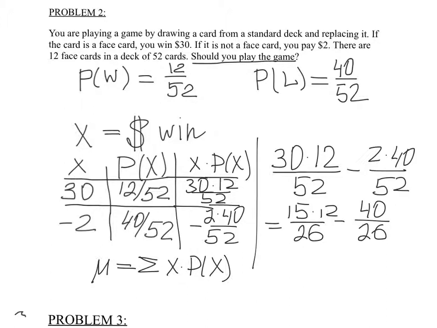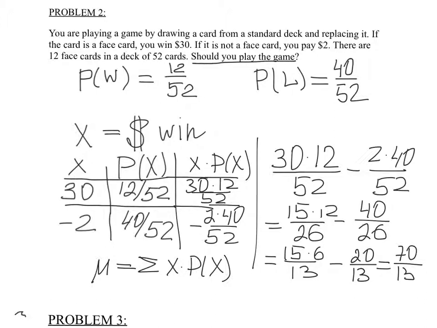Divide by another 2. So I will have 15 times 6 over 13 minus 20 over 13. Okay, now 15 times 6 is 90. 90 minus 20 is 70, so it's 70 over 13.